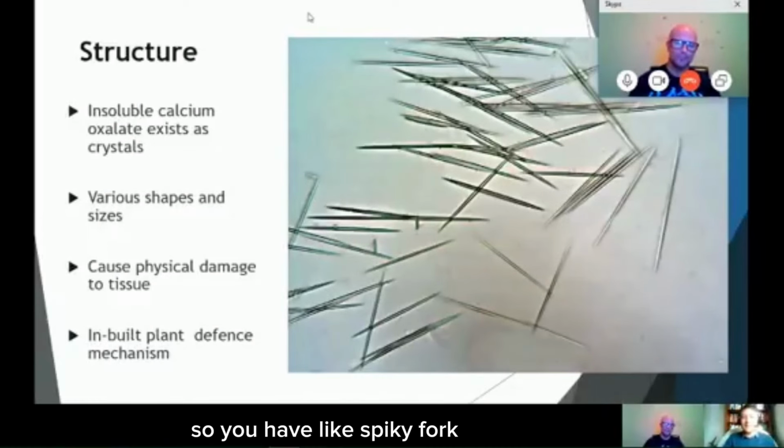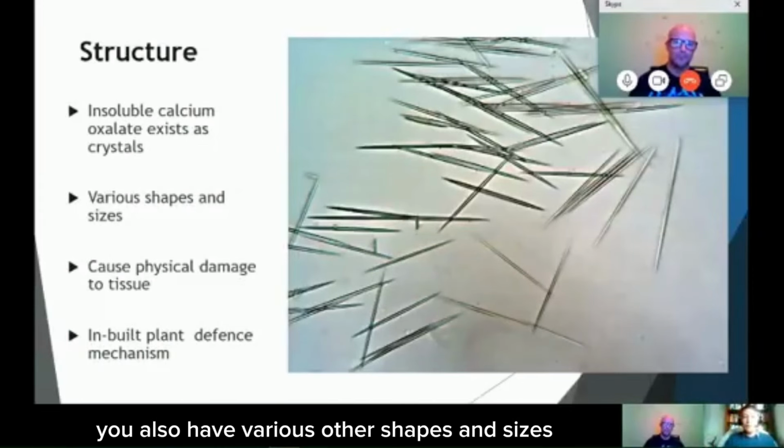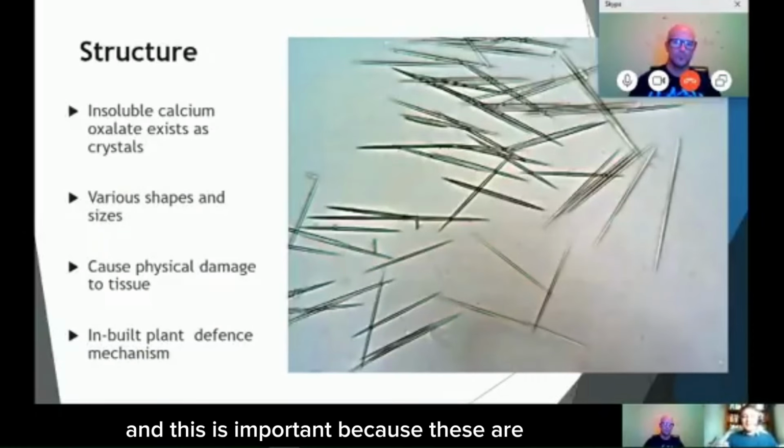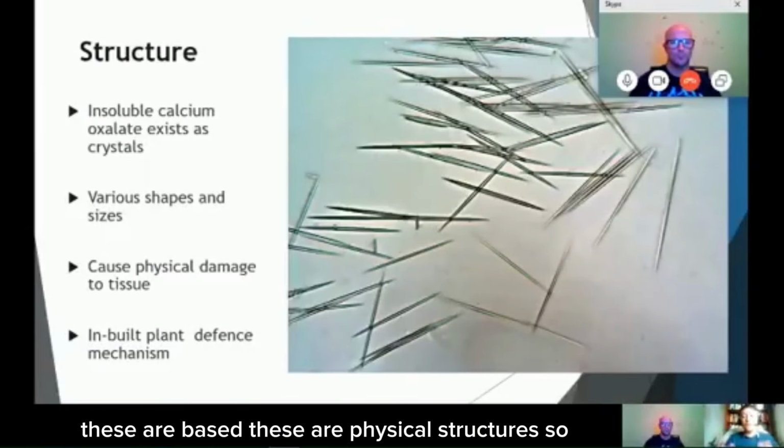So you have spiky, fork-like needles. You also have various other shapes and sizes. You can have rectangular or diamond-shaped crystals. And this is important because these are physical structures.